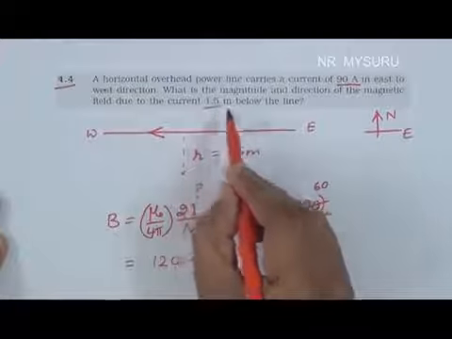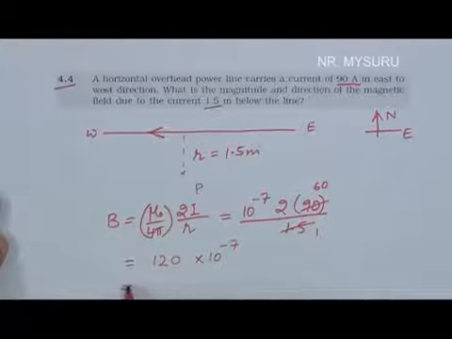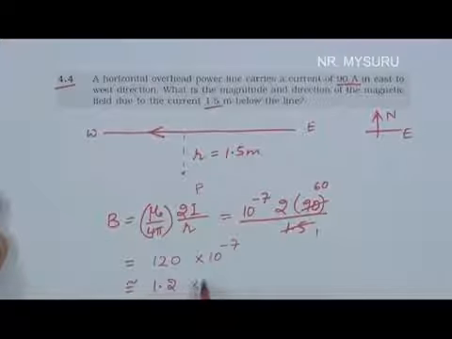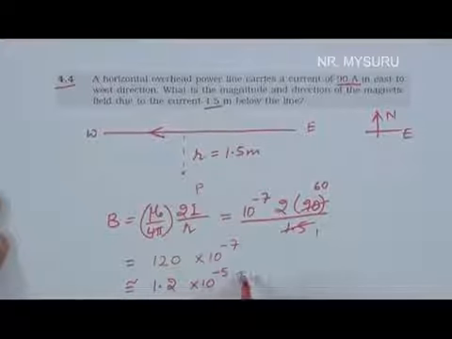Since this also has two significant figures, let us write this as 1.2 × 10 power minus 5 Tesla.